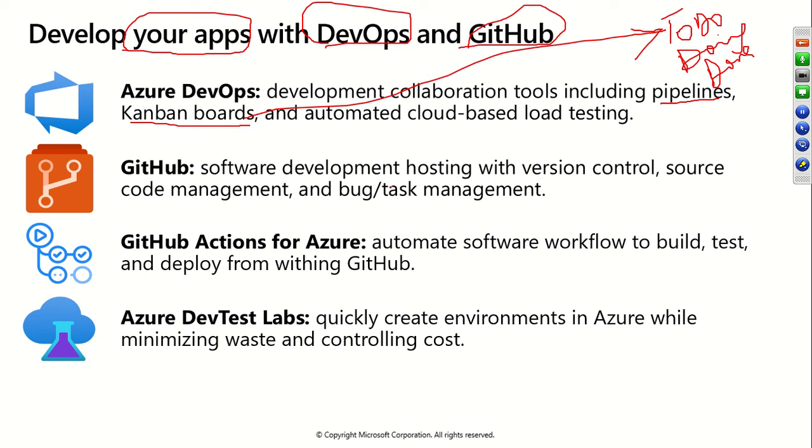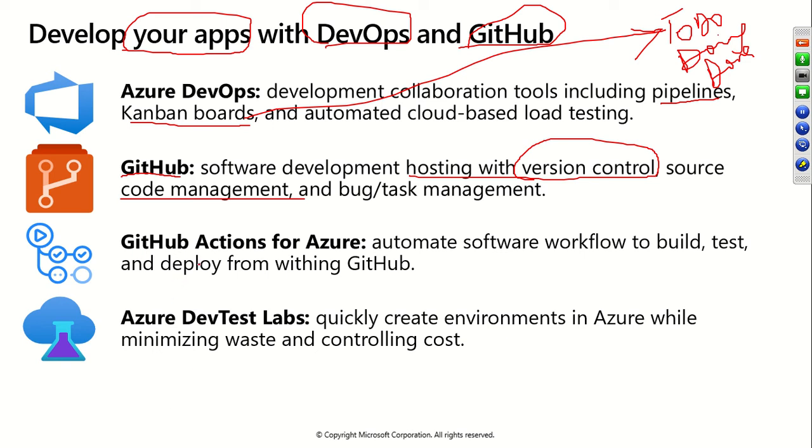Also, GitHub is a software development hosting platform. With GitHub, we host our version control or source code management. That is, the different versions of software are hosted in GitHub, the real code that was used to develop different software created by companies can be stored in GitHub.